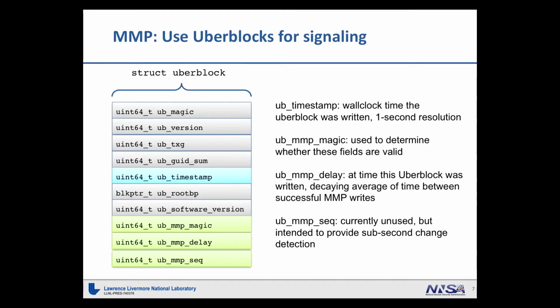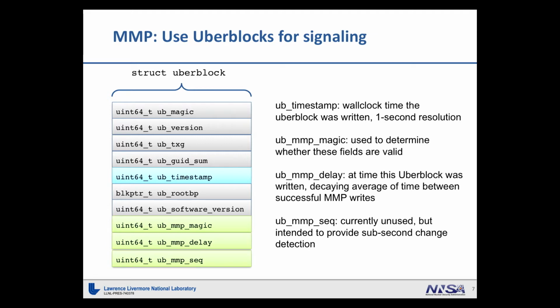So another question is, what do we put there? We considered a different structure than an Uber block, at least for that MMP dedicated slot. It could really be anything. But there were a couple of advantages to extending the Uber block structure.